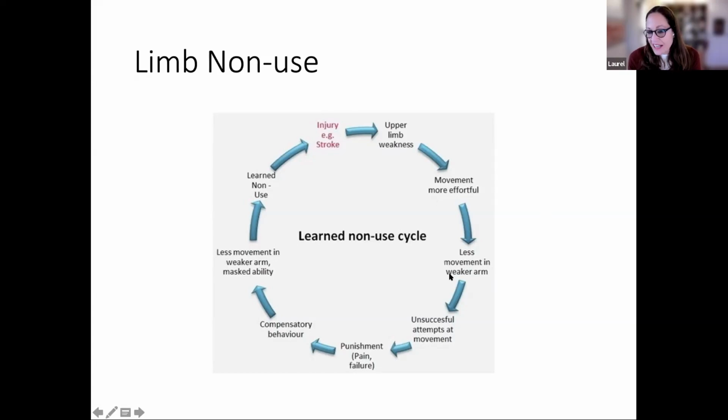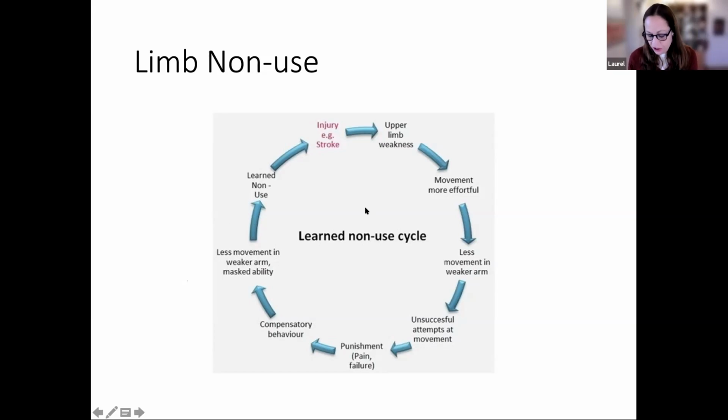There is less movement in that arm because it's more effortful, and attempts at movement are unsuccessful. It's punishing, it hurts, it's not easy to do things, you're not successful, which leads to compensatory behavior, which is less movement in that arm and even reduced ability. If you don't use it, you lose it. And that's the cycle of learned non-use.